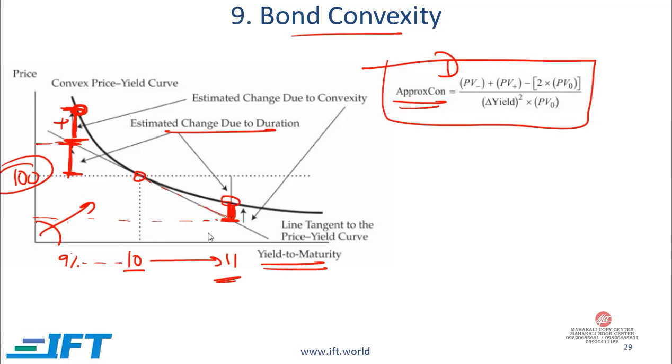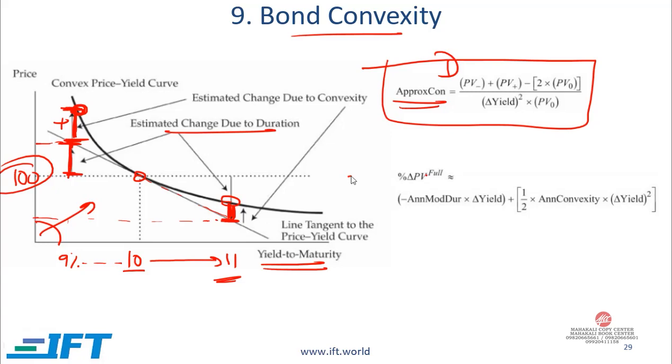In this example, the yield is 1%, but I hope you remember that in all our duration and convexity formulas, we plug in the yield as a decimal. 1% becomes 0.01 squared, and then times PV naught, which would be 100 again.